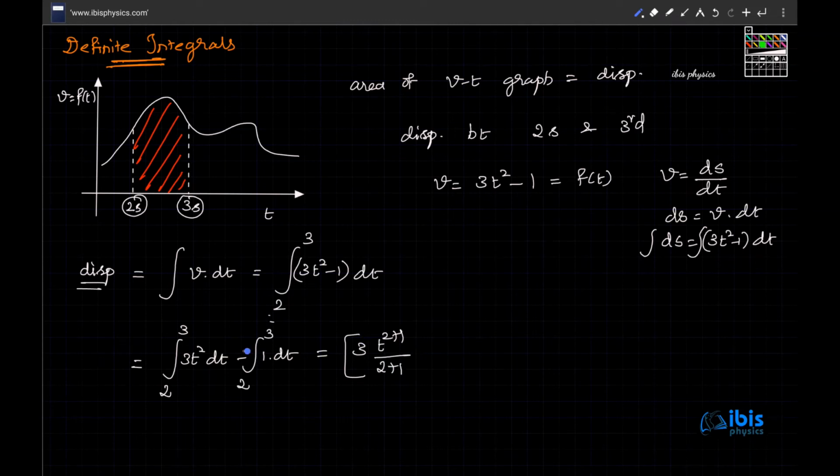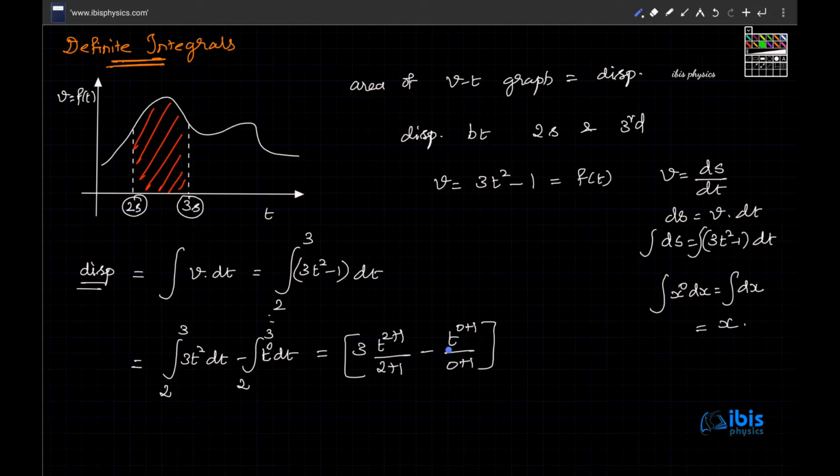Minus 1: for 1, nothing is written, so t power 0 can be taken as 1, so it is t power 0 plus 1 divided by 0 plus 1. Generally, the integral of x power 0 dx is the integral of 1 dx, since anything power 0 is 1. So the integral of dx is always x.